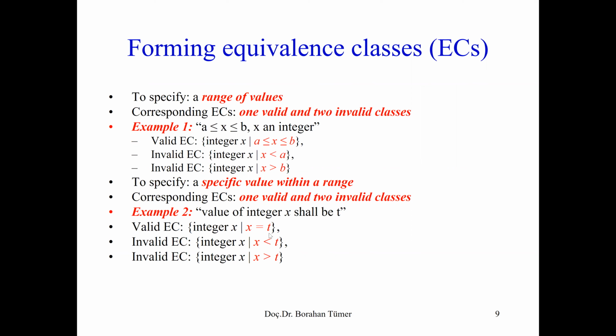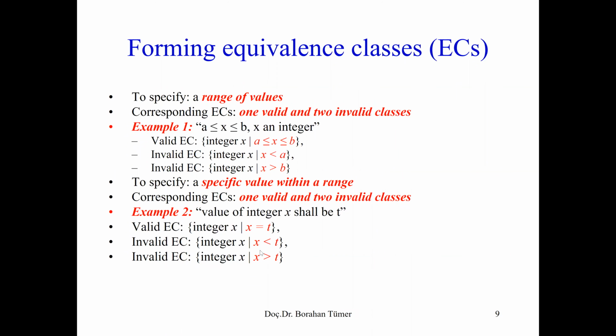You test the program for the value t. The two invalid classes are those that are less than t, where you assign a value to x from a set which is less than t, and in the second invalid class you assign a value to x that is greater than t.